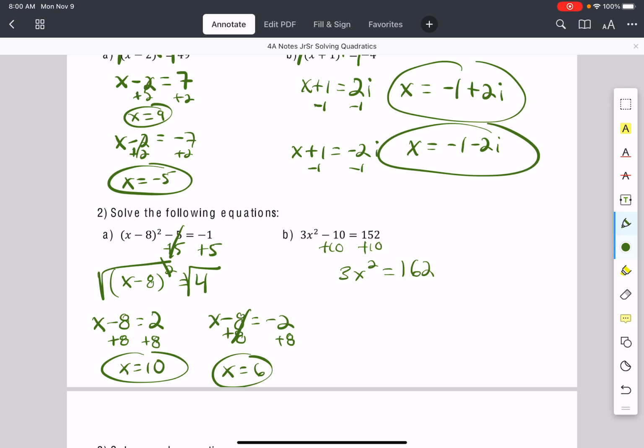Then what? No, not ready. Yeah, I gotta get rid of the 3. What is it? 54, good.